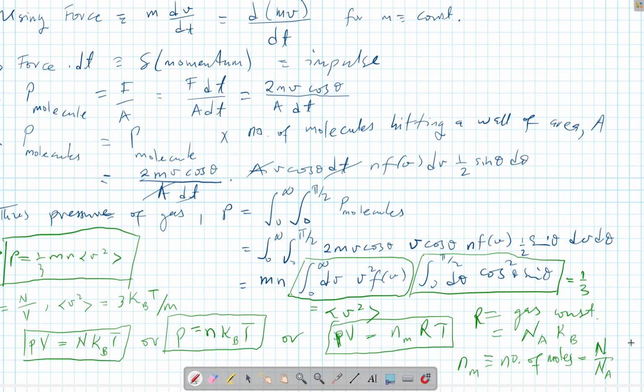Okay, so hopefully with this you can see this nice formula for pressure, and from here there are some notes which we can derive.